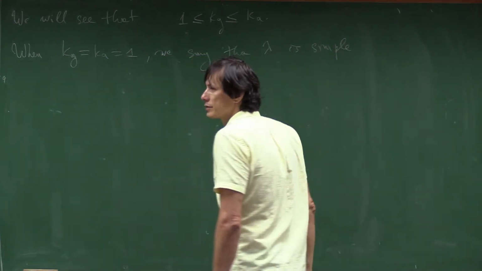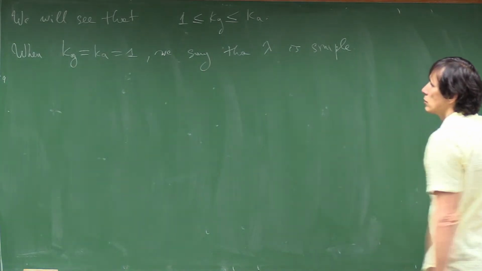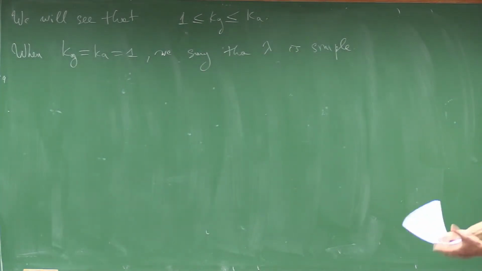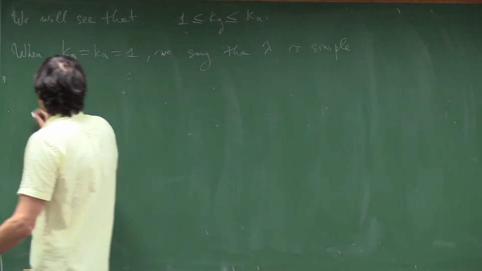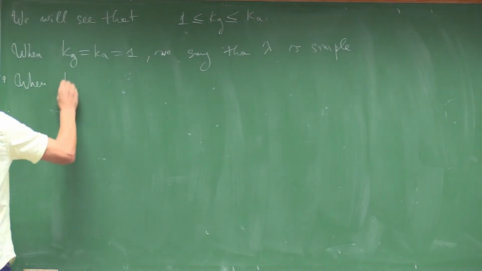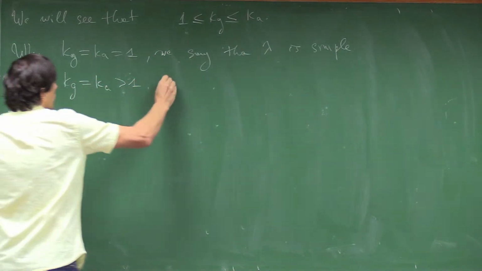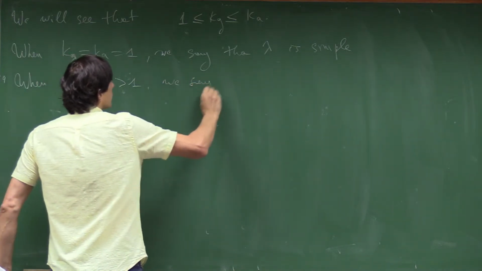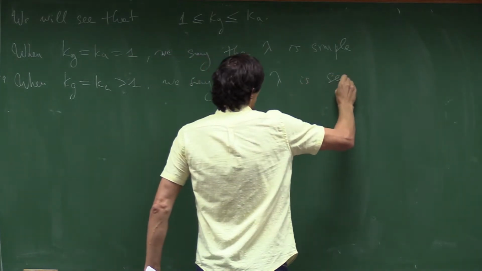There is nothing special about this eigenvalue. It's just one root and one eigenvector. So nothing more interesting happens. And when Kg is equal to Ka bigger than 1, we say that lambda is semi-simple.